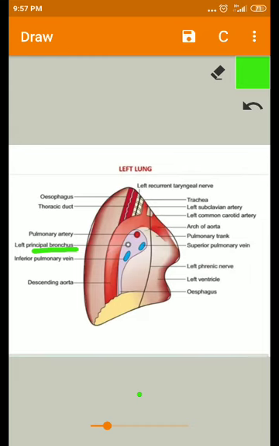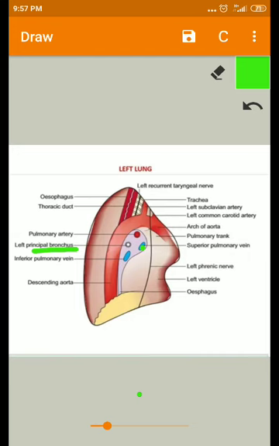Whereas the right has two bronchi, the eparterial and hyparterial bronchus, the left side has only one principal bronchus. Anteriorly it has the superior pulmonary vein, and inferiorly the inferior pulmonary vein.